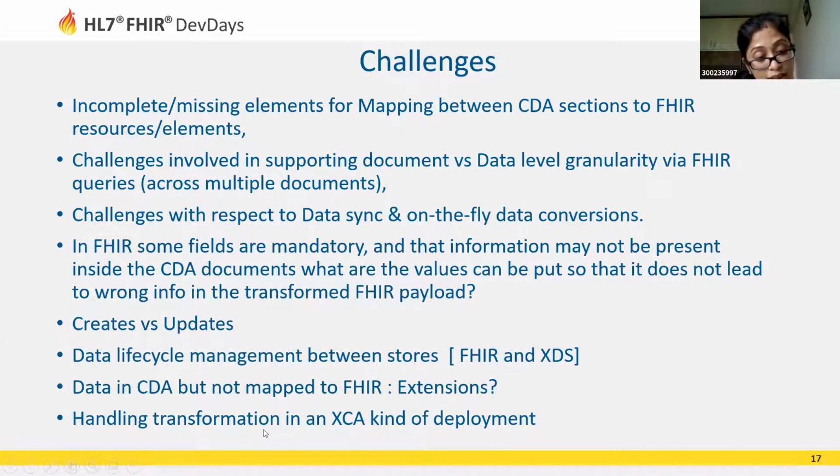The other challenging part is, if it's a smaller deployment, all these different aspects I mentioned work fine. But what about a cross enterprise community or an XCA network, where we have different communities enabling interaction or data exchange between them via the XCA infrastructure?